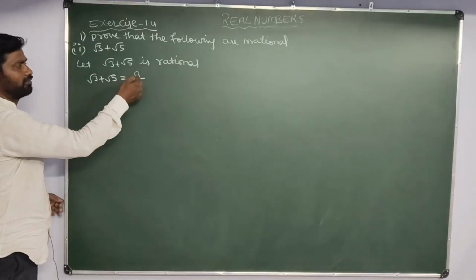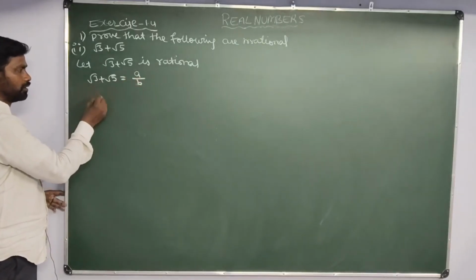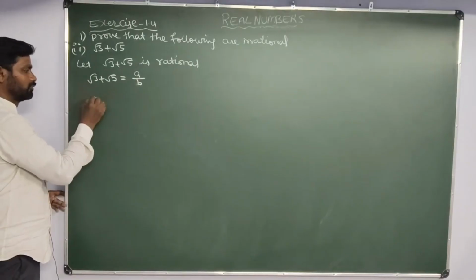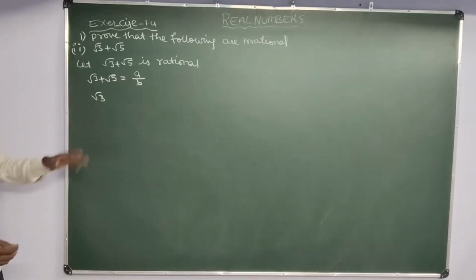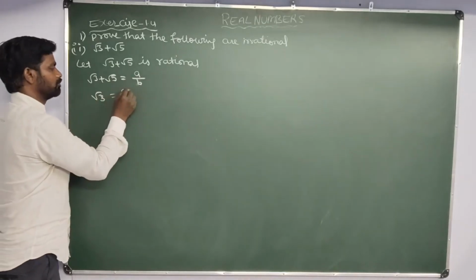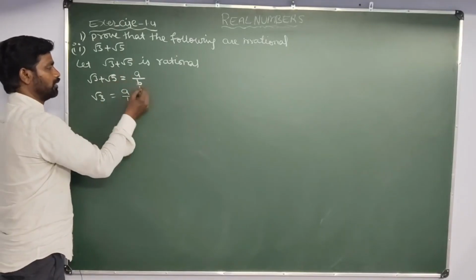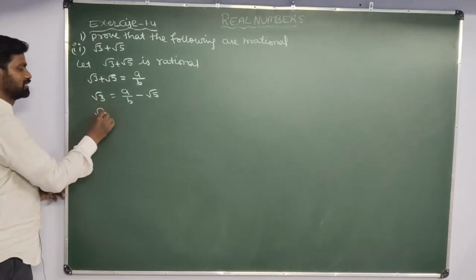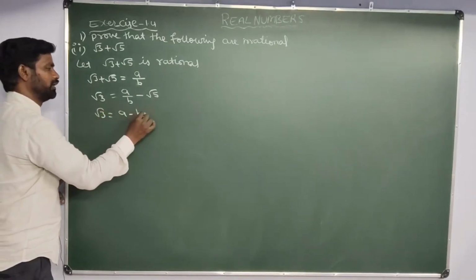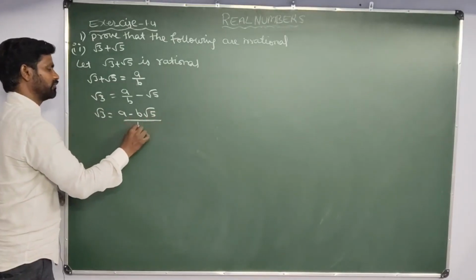So here I have written a by b. Now what we have to do is, you keep root 3 on this side and transform one of the terms, that is root 5, to RHS. Root 3 is equal to (a minus b root 5) divided by b.